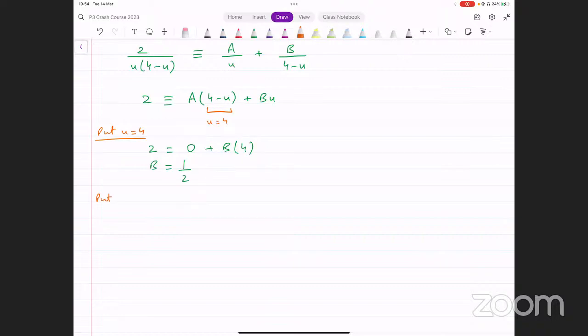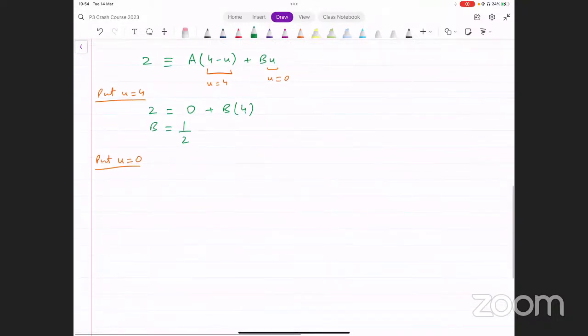All right, so that's the first value that you're getting. Now the next value you could input is u equal to 0, which would eliminate b. So let's put in u equal to 0 here. That gives you 2 equal to a into 4 minus 0 plus 0. And the value of a here also turns out to be 1 over 2.